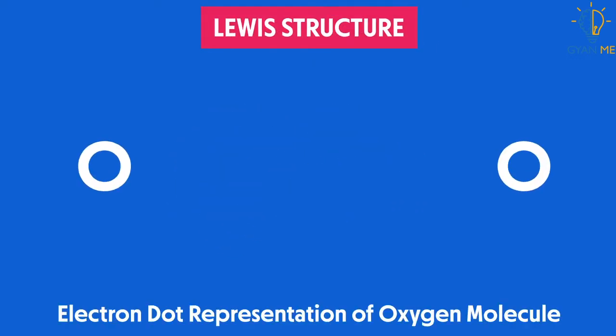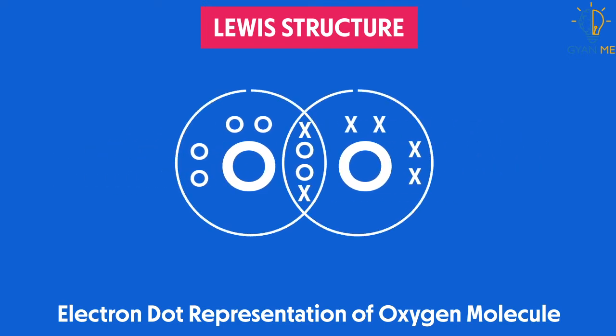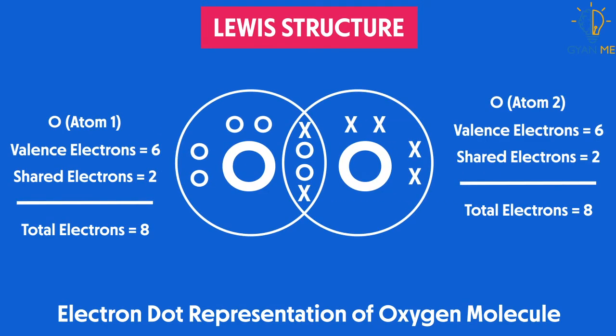Here O is the atomic symbol of oxygen, and these 6 dots and 6 crosses are the valence electrons of each atom. Now, as we know, oxygen needs 2 electrons to become stable. So, this oxygen atom shares its 2 electrons with another oxygen atom, and vice versa.